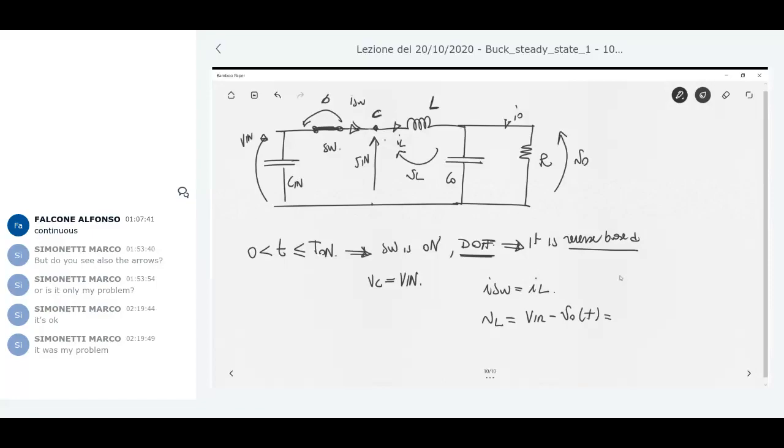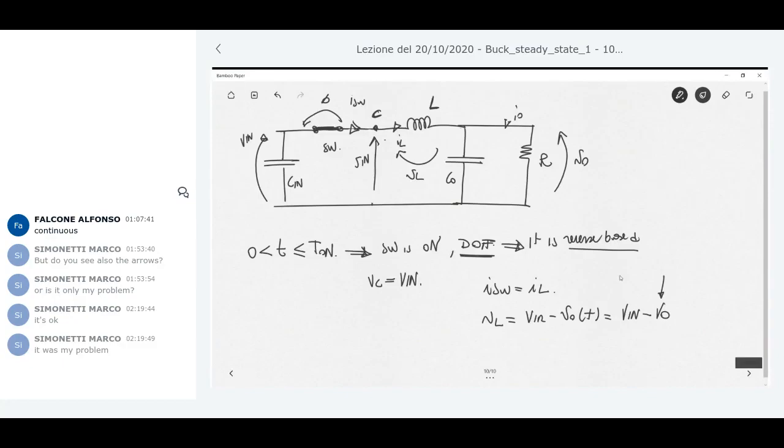Now I have to use the small ripple approximation. VO of t for me is a constant voltage because I neglect the ripple. So it is V in minus V naught. Look, the capital letters here mean that I can use average values, constant values. Okay? V in minus V naught is the voltage across the inductor.